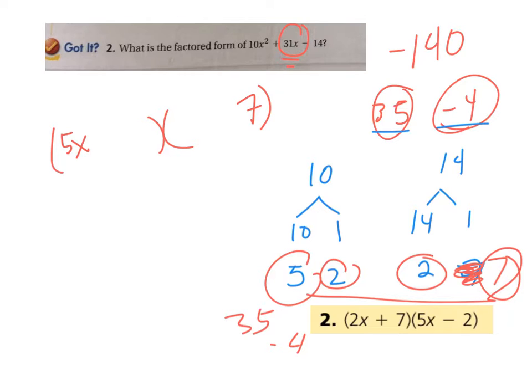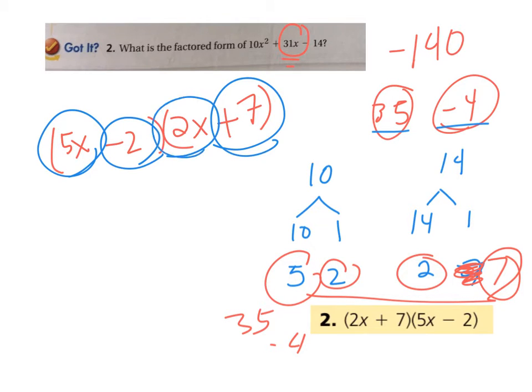There's my 35. And I know that I want to create negative 4, so I'm going to have 2x and then minus 2. That's where I get all the numbers from. So again, I want to create that 35 and the negative 4.